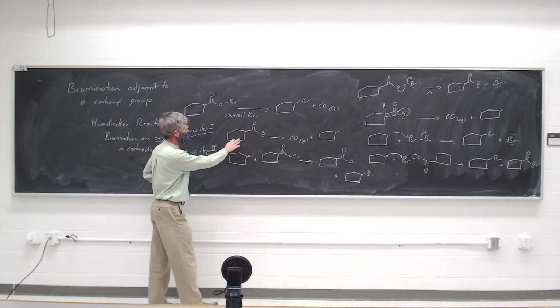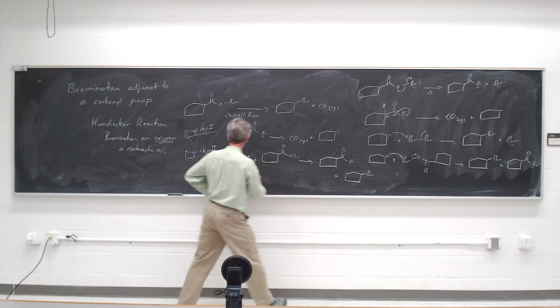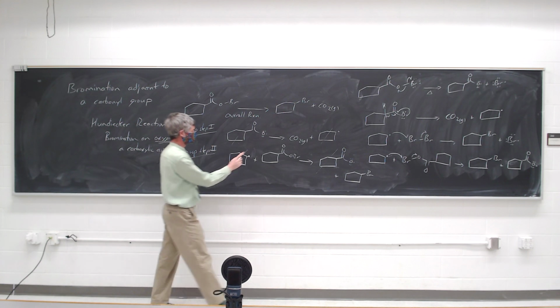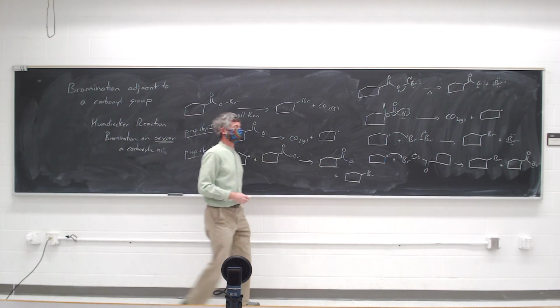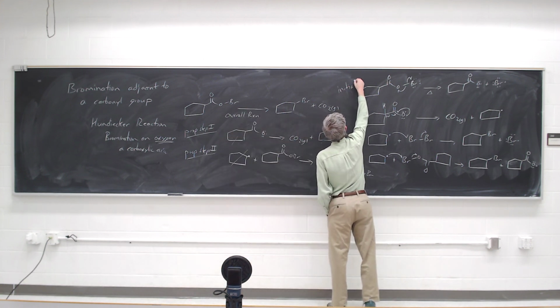So you'll notice now that we have the carboxy radical, which will cancel out, and we have the alkyl radical, which will cancel out, and our net reaction is the acyl hypobromite forming CO2 plus the alkyl bromide.